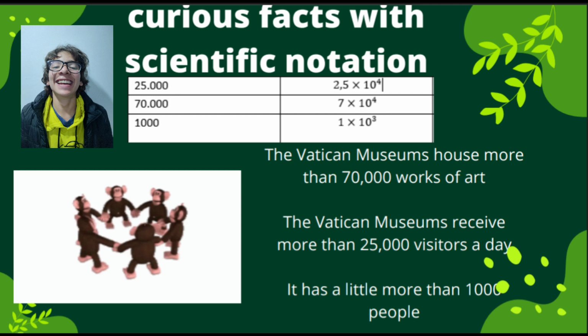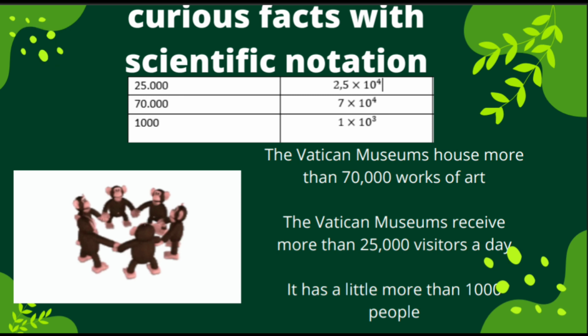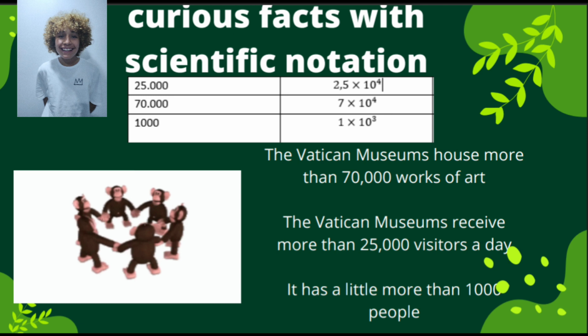First, the Vatican Museum receives more than 25,000 visitors a day. That is in scientific notation 2.5 multiplied by 10 to the 4. The second is that the Vatican Museum houses 17,000 works of art.